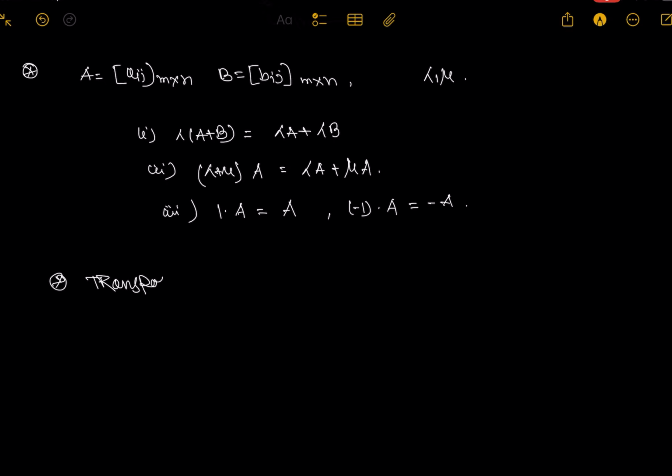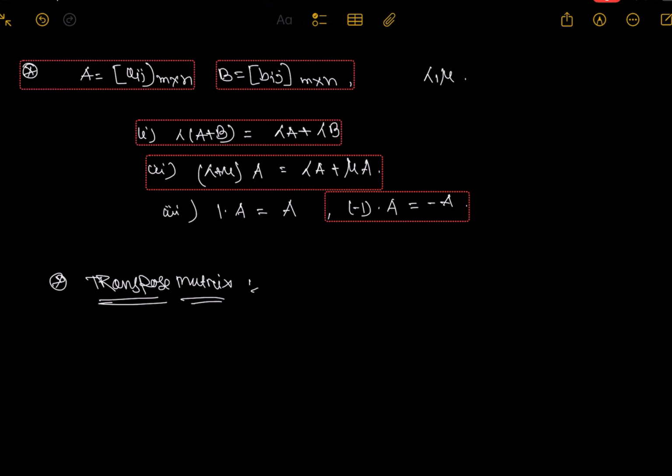Transpose of a matrix. Let us consider a matrix A equals a of ij, m cross n.